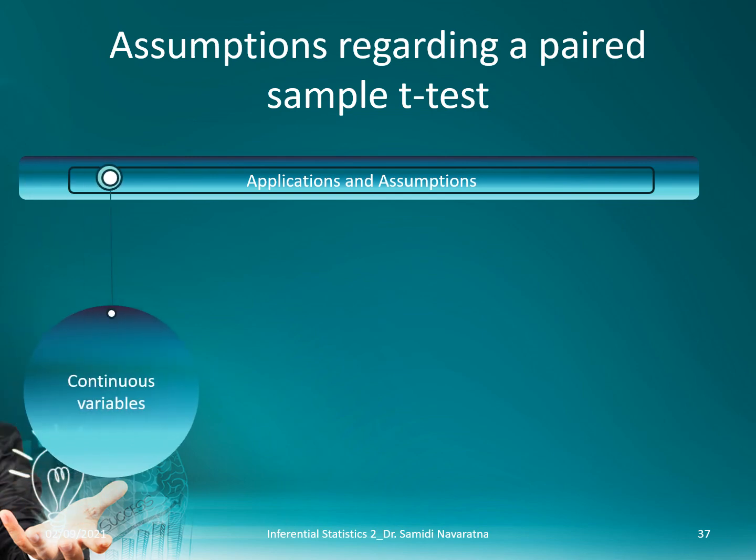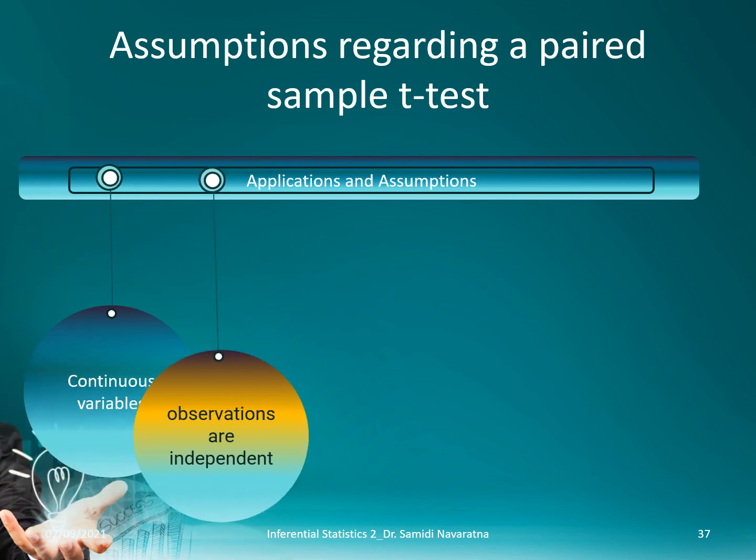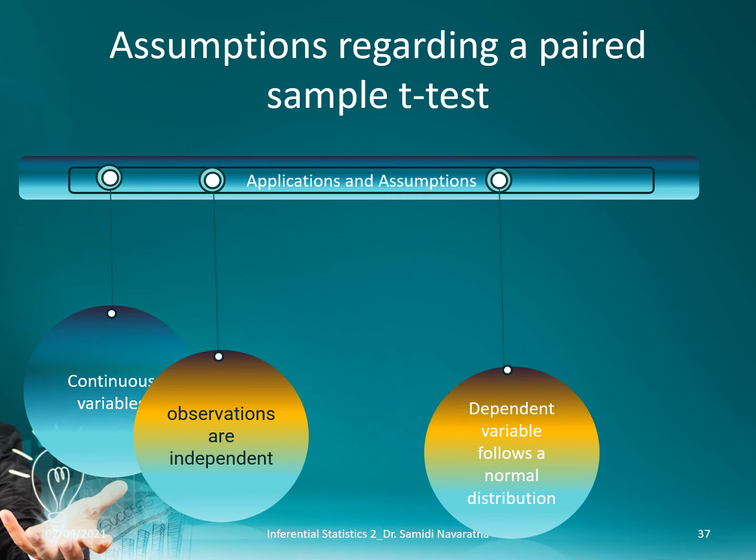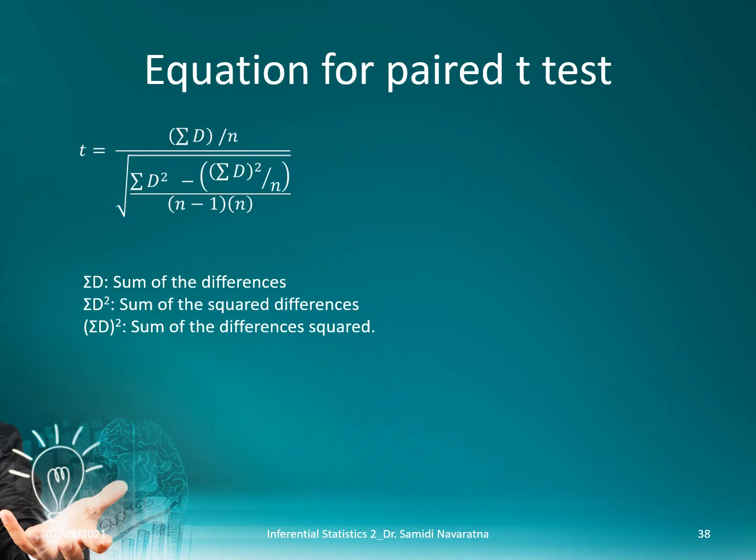The variables are continuous, and the observations are independent. The dependent variable follows a normal distribution, and there are no outliers. So, the equation for the paired t-test.